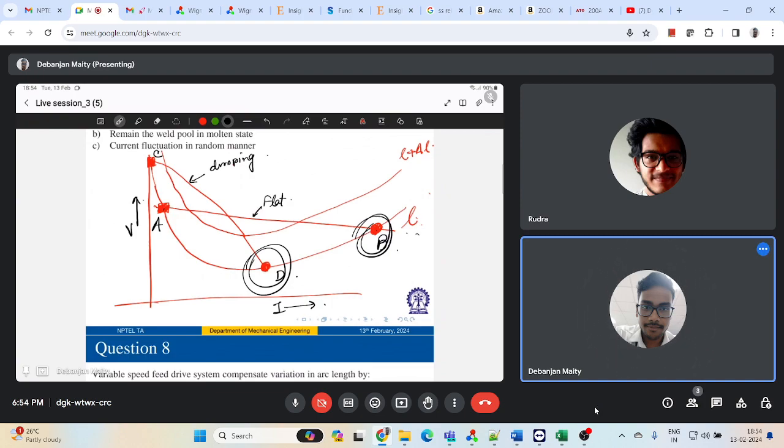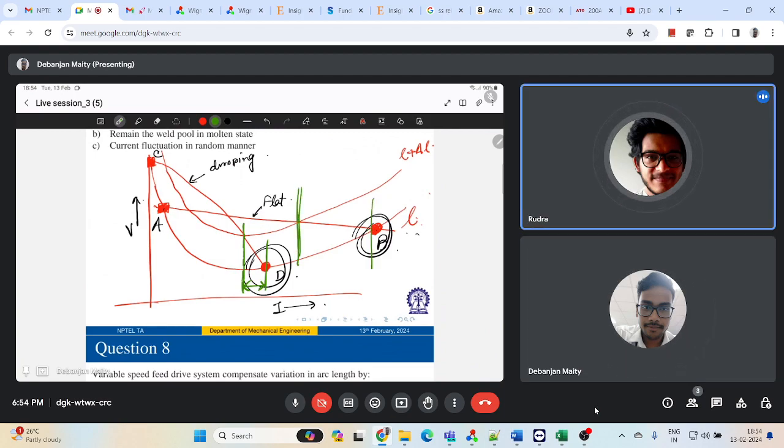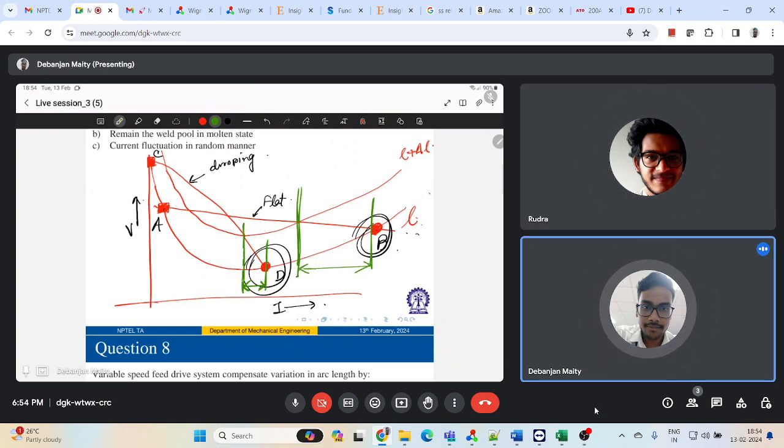So these are my changes in arc current. Over here, this will be my change in arc current, and over here, this will be my change in arc current, right?